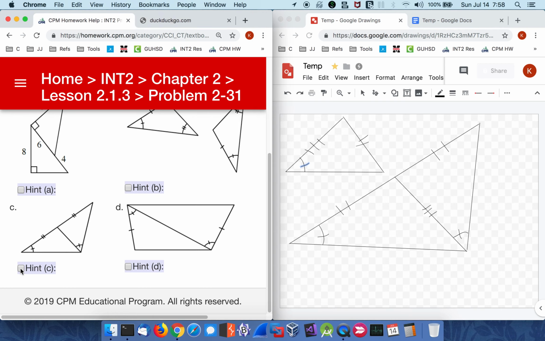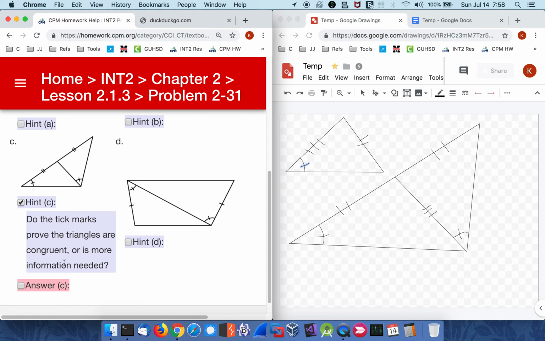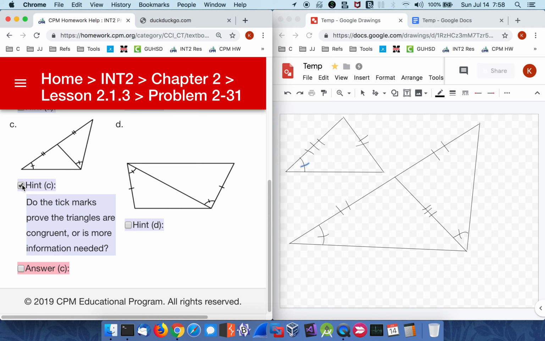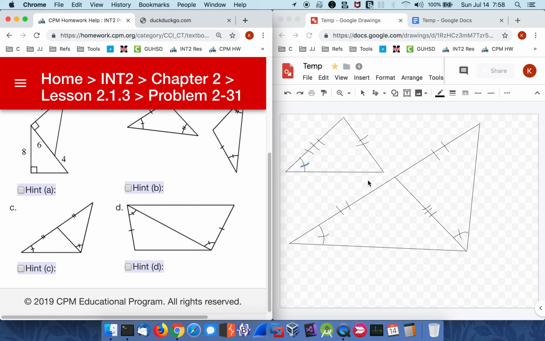Let's see what their answer is. Do the tick marks prove the triangles are congruent, or is more information needed? They are not necessarily congruent. There is no such thing as side-side-angle. Okay, well, there we go. Yeah, so we have side-angle, but even then, they're not the same sides.